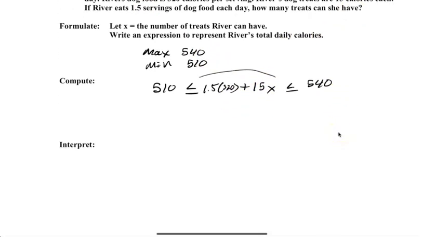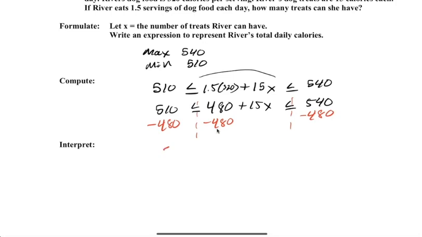So let's multiply that out. 1.5 times 320 is 480. Feel free to use a calculator on that. 510 is less than or equal to 480 plus 15x, which is less than or equal to 540. And then from here, we're going to solve it like normal, right? Whatever I do to one side, I can do to all sides, or you can break it up into two separate equations. I'm just going to do it to all sides. So let's subtract 480 from everything.